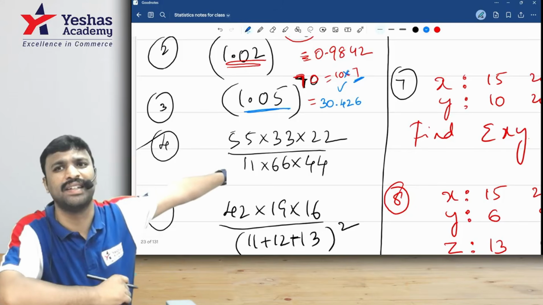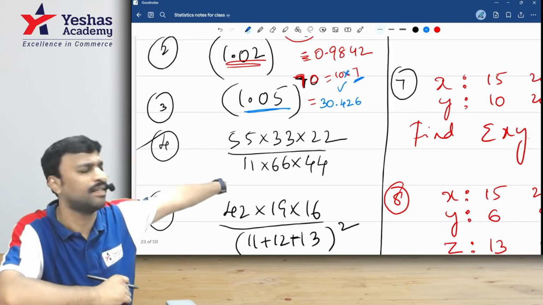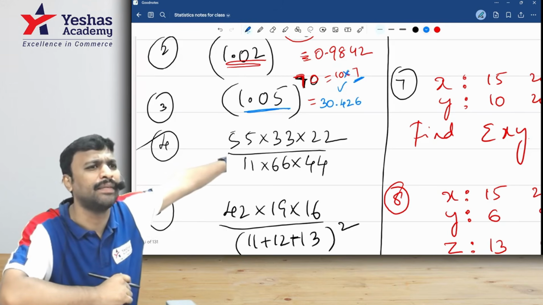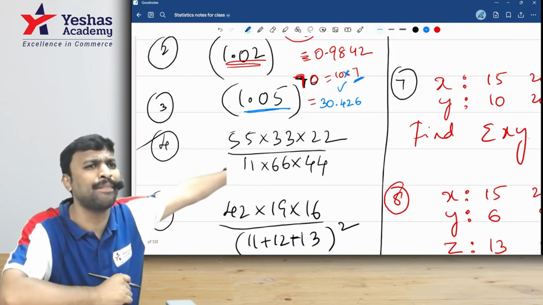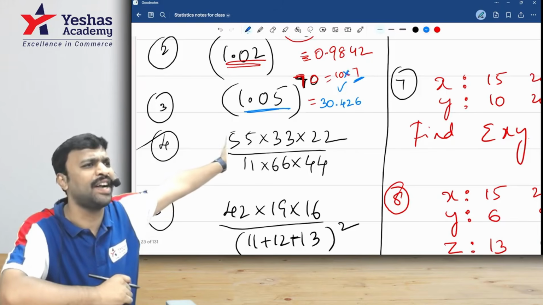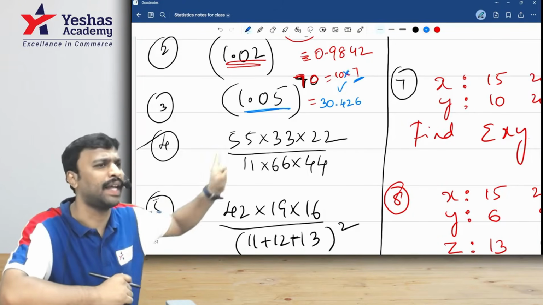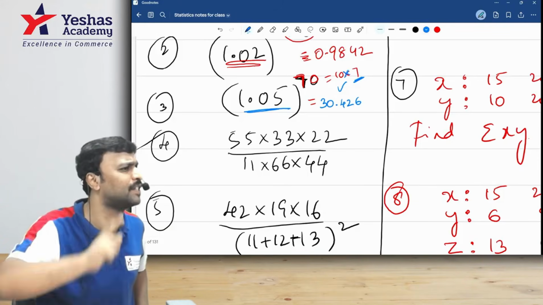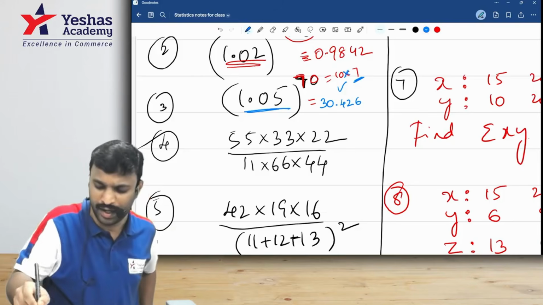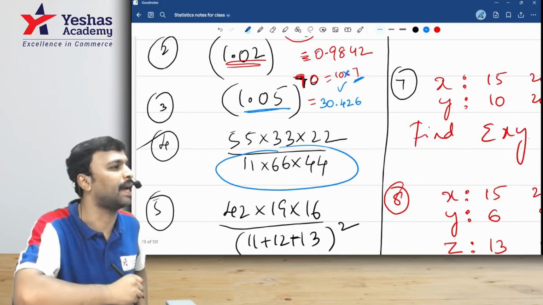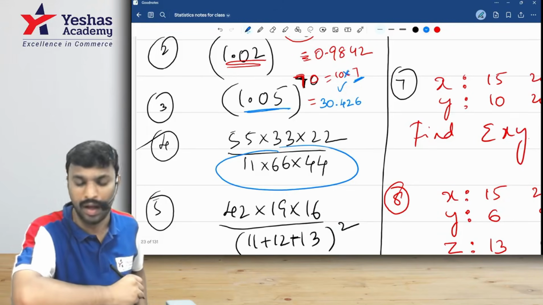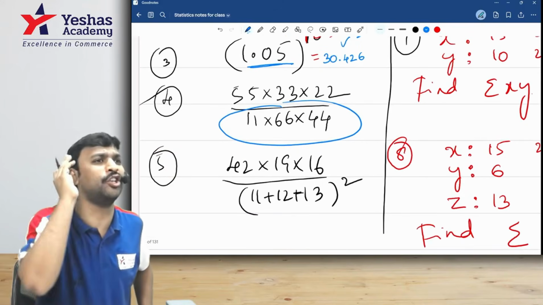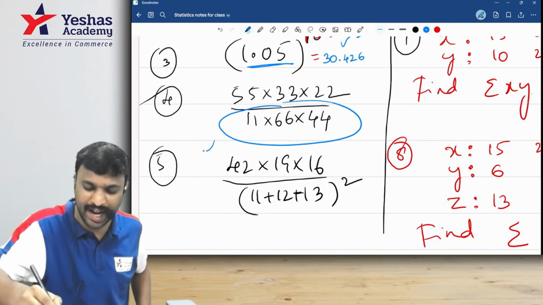Everyone got this? Look at the fourth one. Numerator simple or complicated? Denominator simple or complicated? Type 1, type 2, type 3. Which one? Type 1. When both numerator and denominator are simple, solve what first? Denominator. After solving denominator, what would you do? Divide equal.